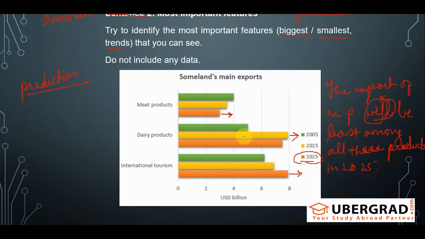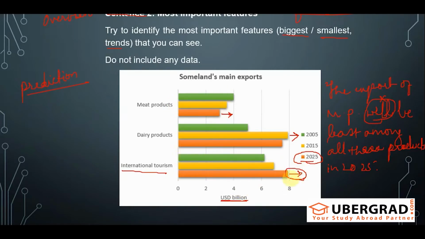the overview. You will write that it is predicted that international tourism will be the highest, will be the most important trade or the highest trading. See, this is talking in terms of USD billion, right? So it will become the highest earning export by the year.